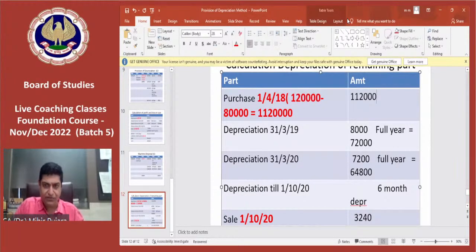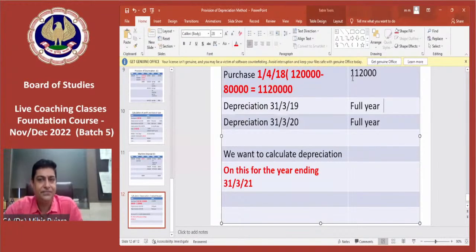This is also a full year. And what is our shortcut, guys? Minus 10 percentage, right?